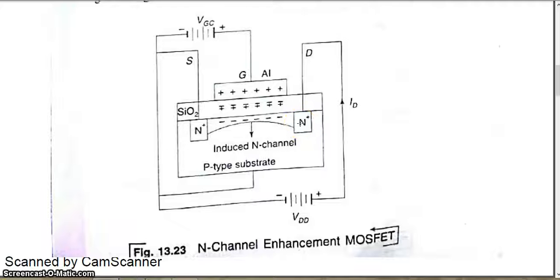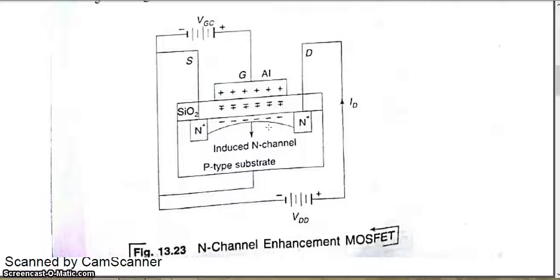But if negative voltage is applied across the gate and source, what will happen? The direction of the current will be opposite to this one, and because the source is N-type, fewer electrons will be flowing in this direction. That means the drain current will be less in depletion mode.